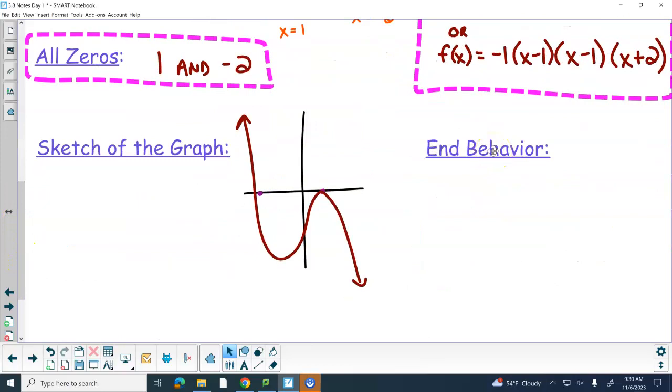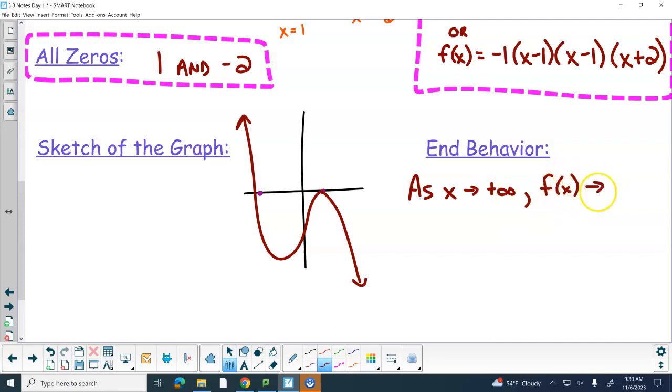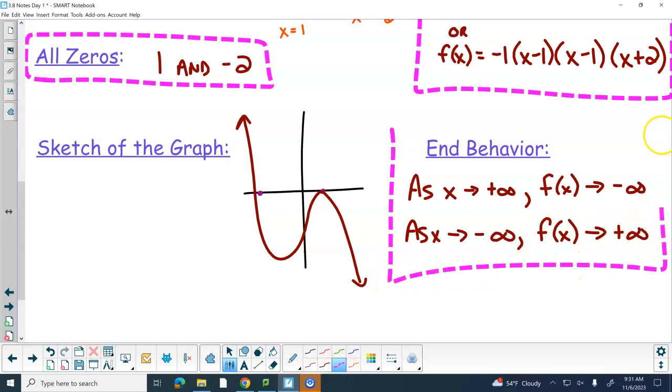My end behavior would be, as x is going to positive infinity, so I'm going to the right, my function is going to negative infinity. And as x is going to negative infinity, my function is going to positive infinity. Okay? So that is end behavior.